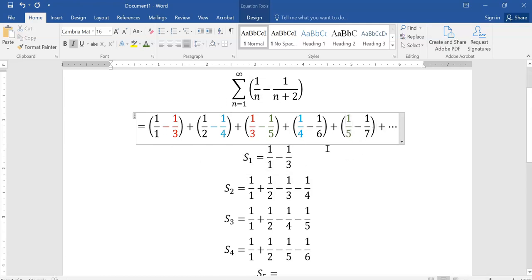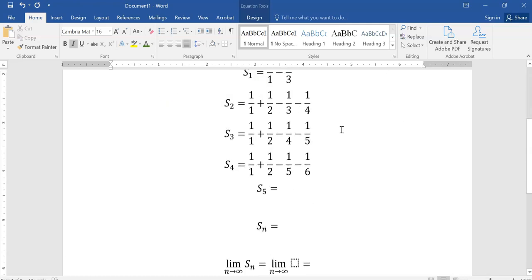And so, again, the only remaining terms: 1 over 1, 1/2, now minus 1/6 minus 1/7. And you can imagine that if you add another term, you're going to get rid of the 1/6. If you add another term, you're going to get rid of the 1/7.